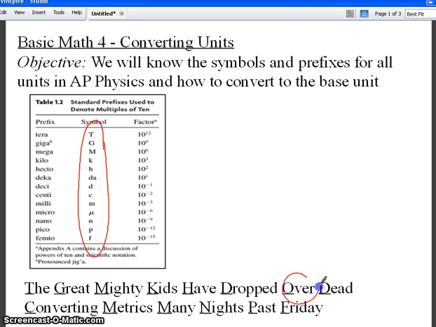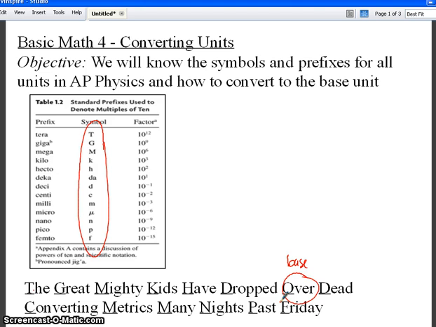This is the base. O is the base. So tera, giga, mega, kilo, hecto, deca, the base unit, deci, centi, milli, micro, nano, pico, femto. In case you forget, then you have this little saying to help you out.